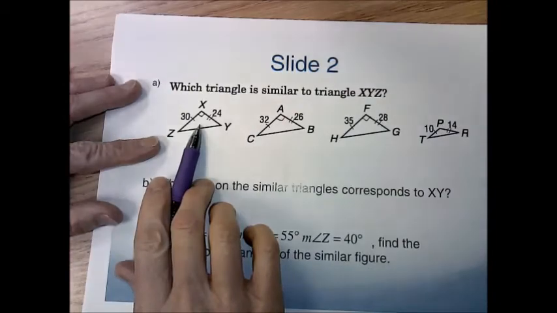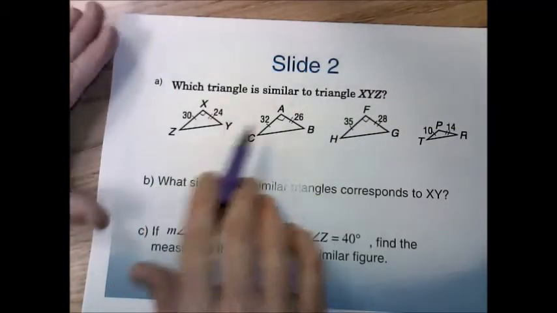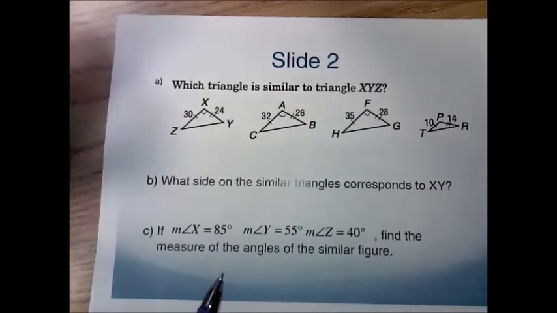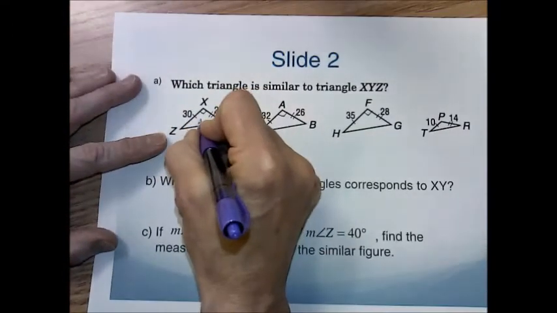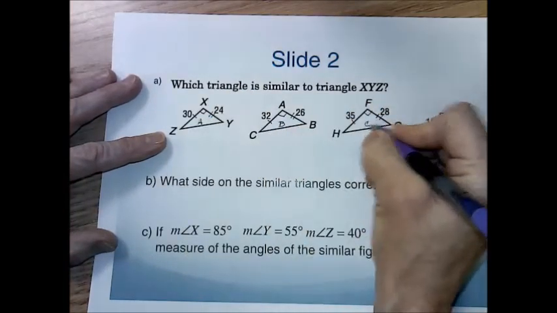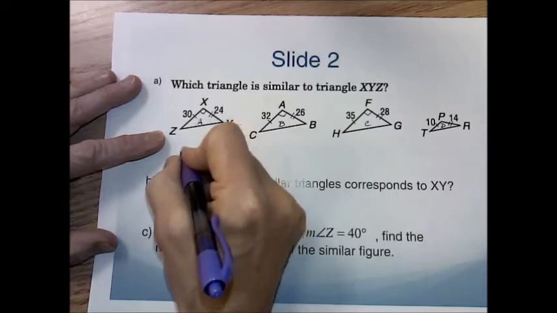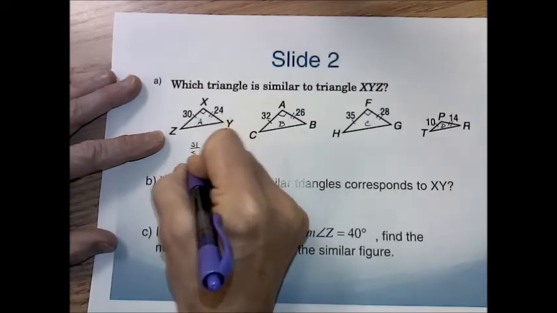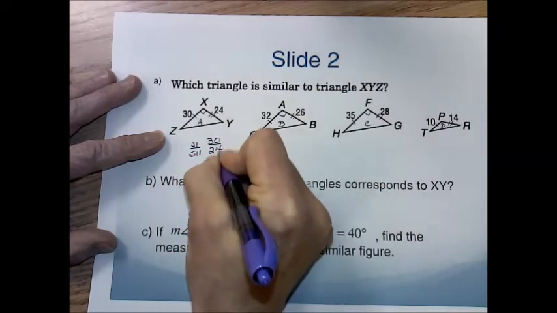So let's go ahead. What we're looking for is a ratio that's going to be equal or equivalent in these statements. So in triangle, we'll call this triangle A, B, C, and D. So for triangle A, we have side 1 over side 2. So this would be 30 over 24.